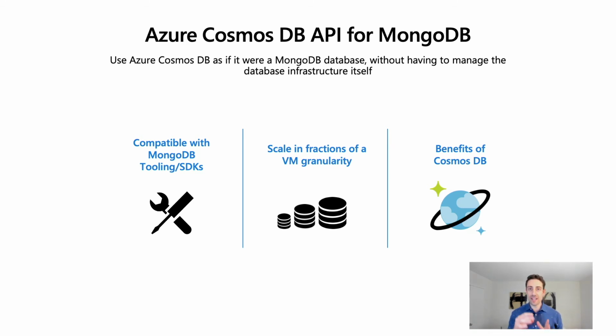You can also scale Azure Cosmos DB very granularly because of the resource governance that's built on top of it. Instead of having to manage shards yourself, Azure Cosmos DB manages those shards for you. Instead of having to scale in number of VM counts, you can use the scale lever and adjust your throughput to exactly what you want it to be. And lastly, you get all of the benefits of Azure Cosmos DB.